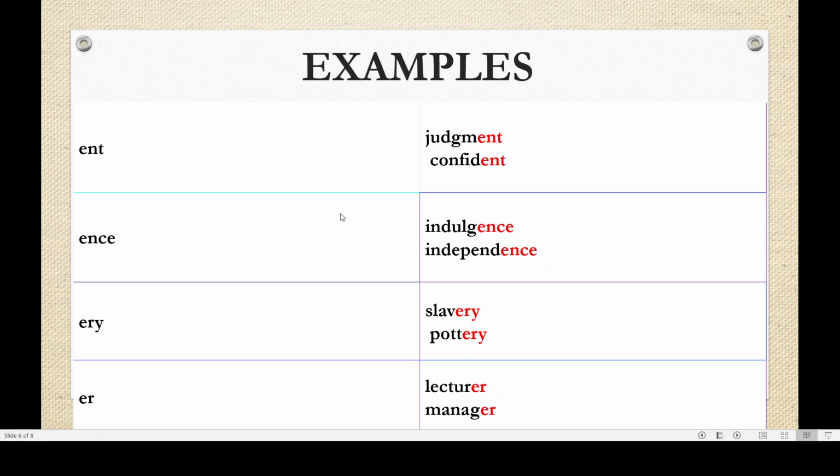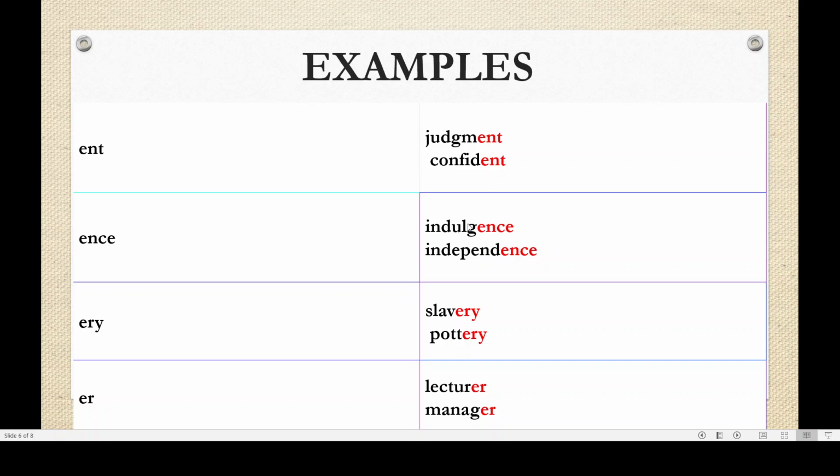In this slide, we are going to see how to use suffixes for coining new words. When we add ent, the first word is judgment, and the second one is confident. In these words, we have added ence.